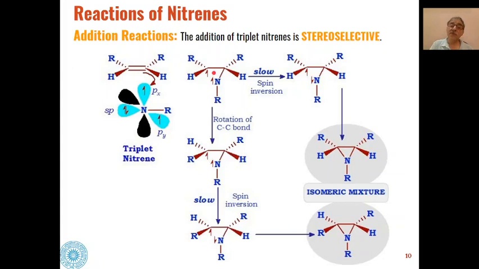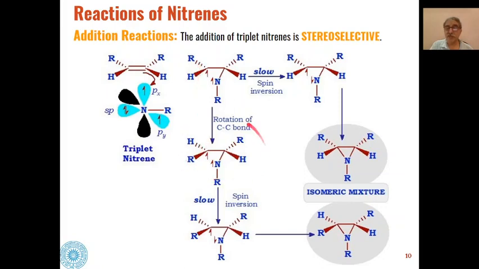Then because this is a slow step, in the meantime, in a very fast manner, the carbon-carbon bond can undergo rotation. That means R will become beta and H will become alpha.